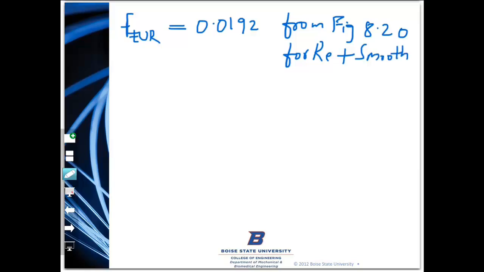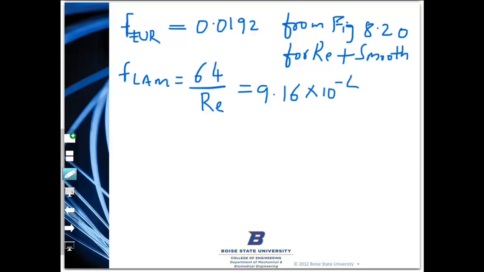Okay, so you got the friction factor, and then you know that for a laminar flow, friction factor is just 64 over the Reynolds number. So you can find this easily. So it's about 9.16 times 10 to the negative 4.